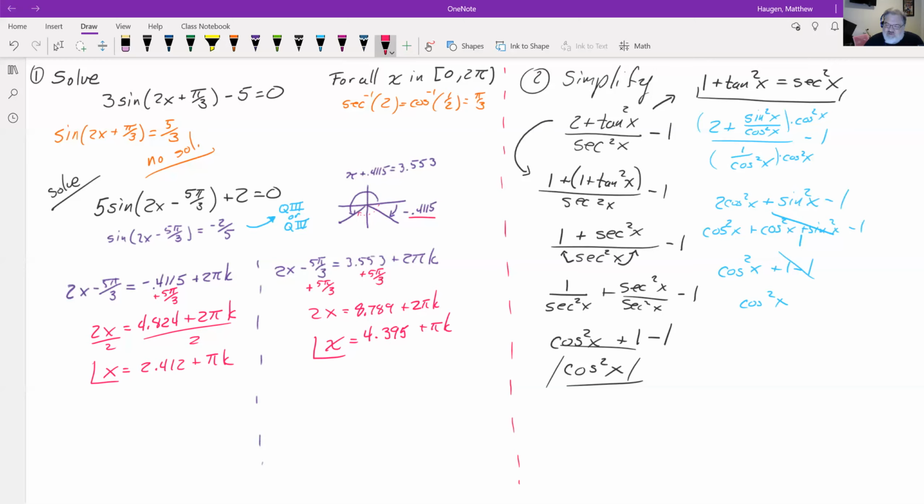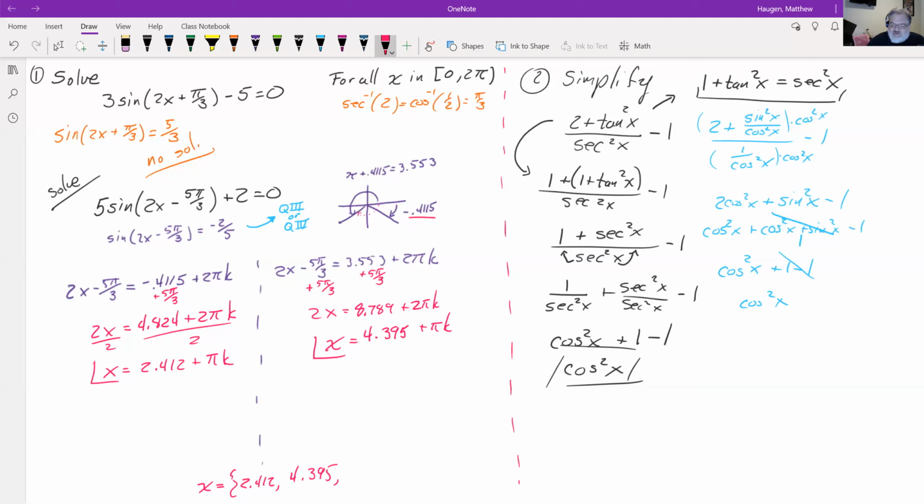But we are asked to give the solutions between 0 and 2 pi. So we certainly already have some of them. The 2.412 is certainly between 0 and 2 pi, as frankly is the 4.395.